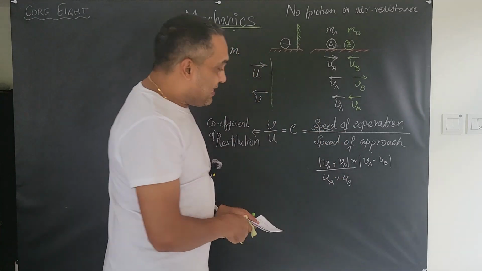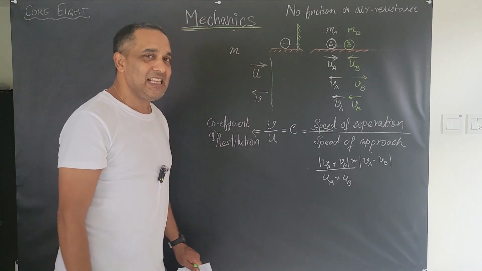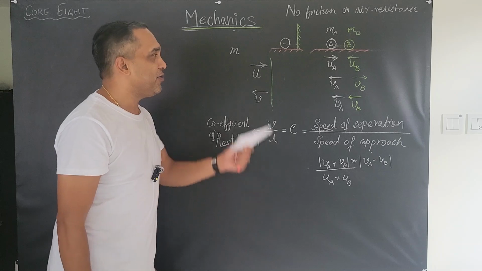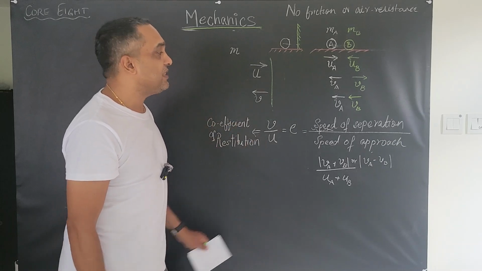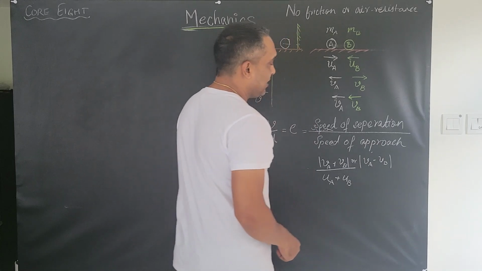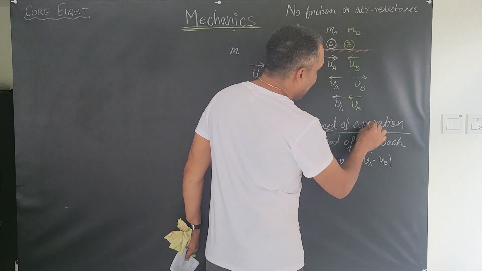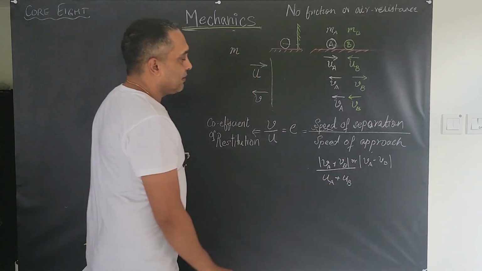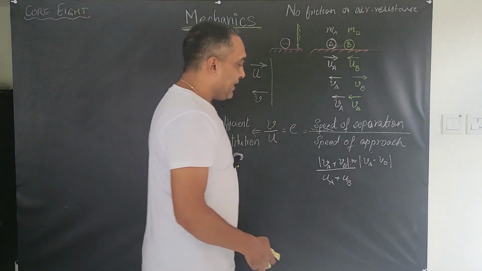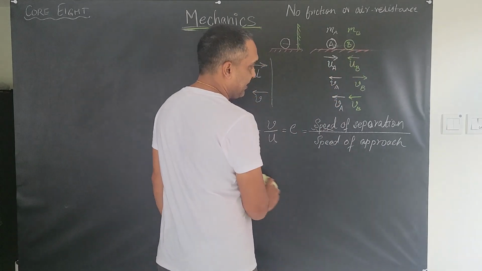This is one of the trickiest and easiest places for an examination to get you. Many students make this mistake because the direction is very difficult to get. But you get the idea. So this is something to remember, the coefficient of restitution.